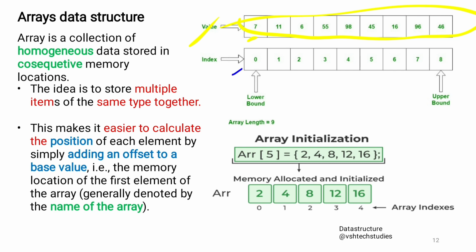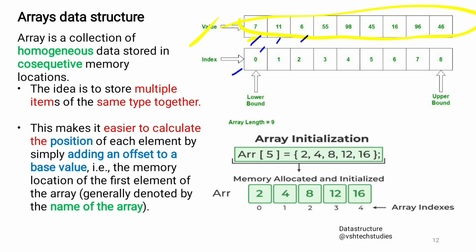Then what about this? This is the index of the memory location. In the first memory location, its index is 0. So value of 0, that memory location, holds 7. Value of 1 means the memory location whose index is 1, in which 11 is stored.